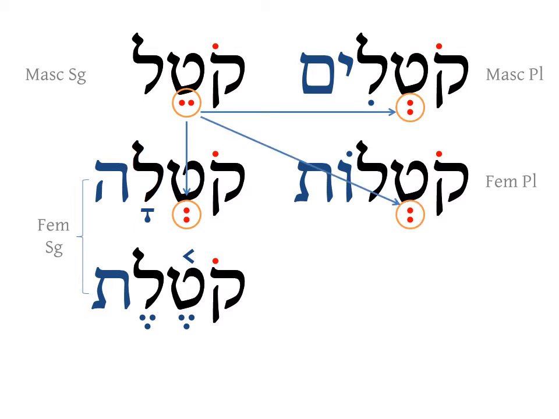In all three of these forms, we've added endings onto the end of the form, and that new ending draws the accent away from the syllable with the tsere, goes from kotel to kotala, or kotalim, or kotalot. When you have a tsere in what's now the pre-tonic syllable, it will tend to reduce to shva. If you want to know more about this, watch the video on pre-tonic reduction.